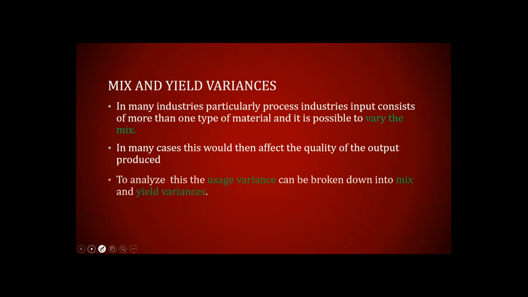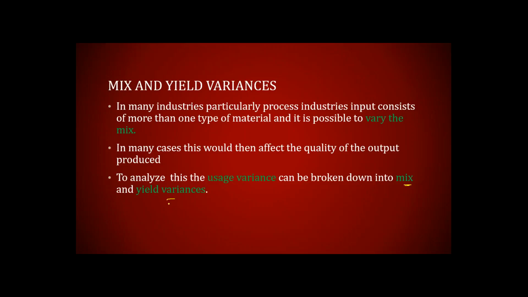Because of that, you need to do a variance analysis on what we call the usage variance. Remember, in the material we have a usage variance. That usage variance we can split into two: one we call the mix variance, and the other we call the yield variance.